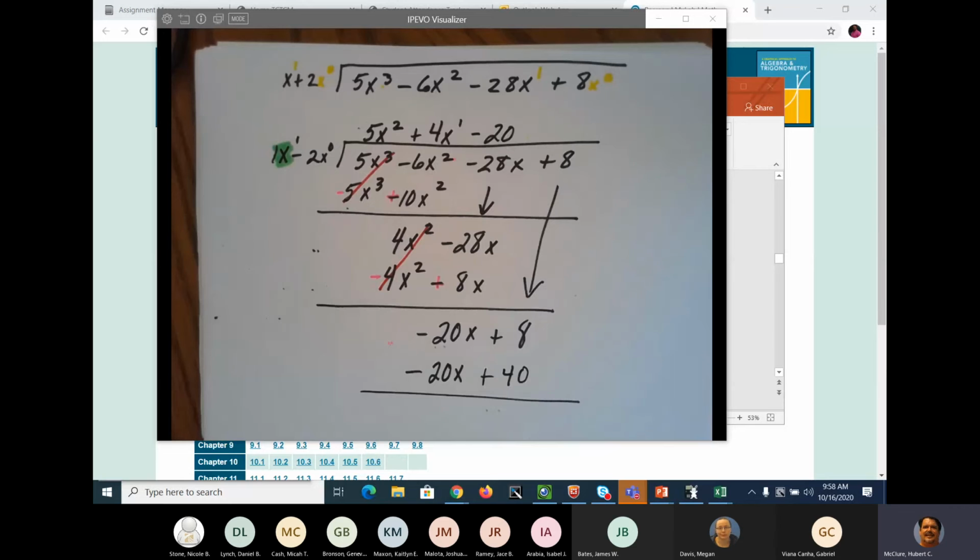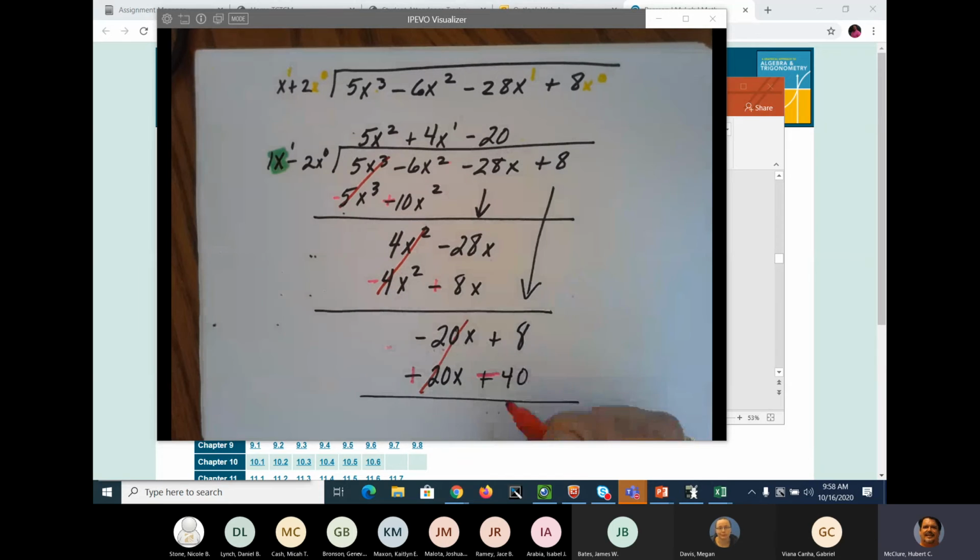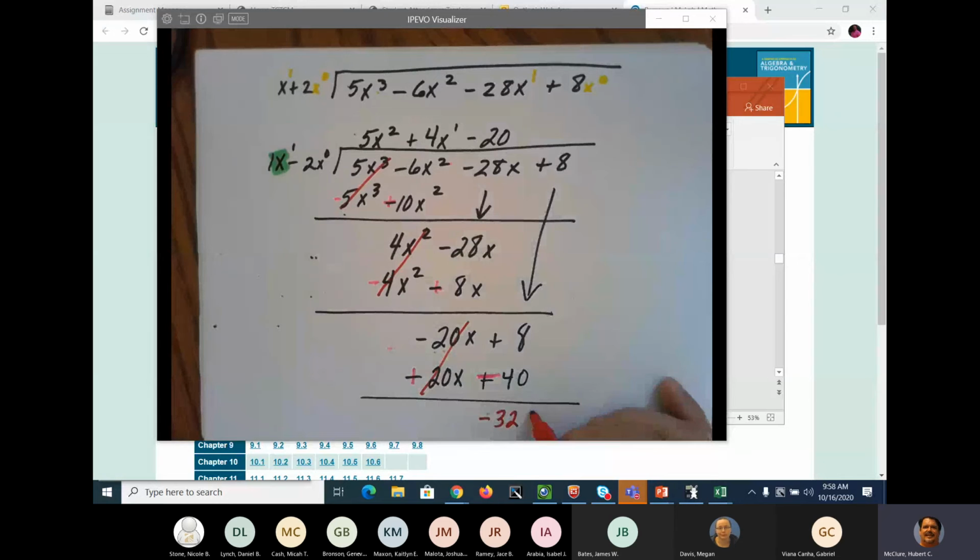Always subtract, which means that turns this into a positive and this into a negative. And that will make your first column cancel. And 8 plus 4 minus 40 is -32. And I'm going to put that in red because that's the remainder.